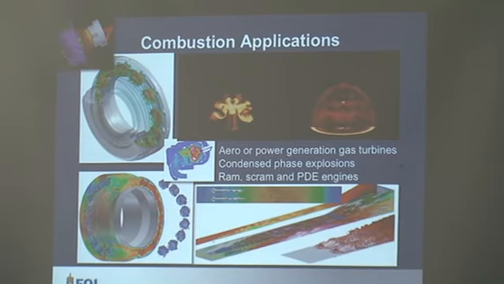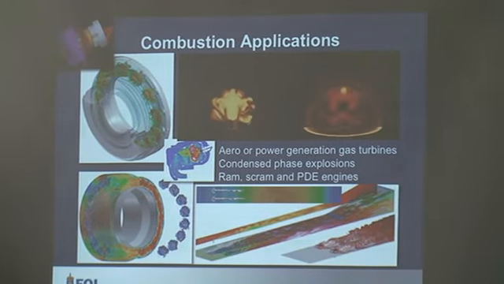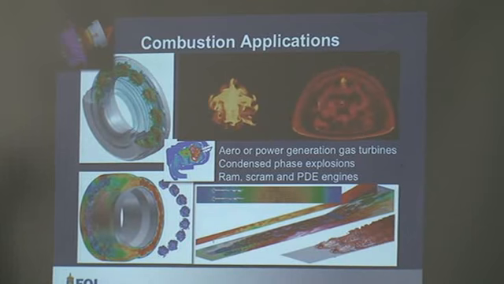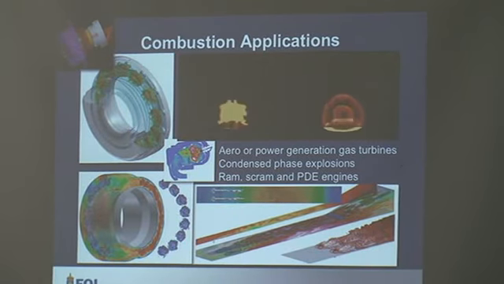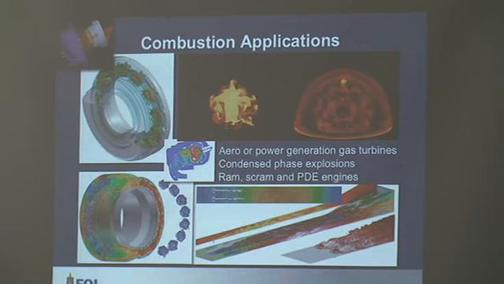And the third area is supersonic combustion in terms of ram and scramjet engines. This is a model of a HiShot 2 engine, which is one of the few scramjet engines that has been flying around for a couple of seconds at least. So this is the variety of problems that we are really trying to address.